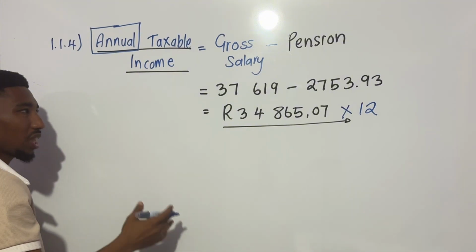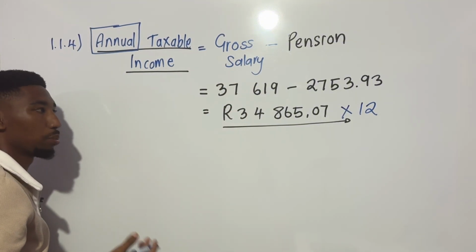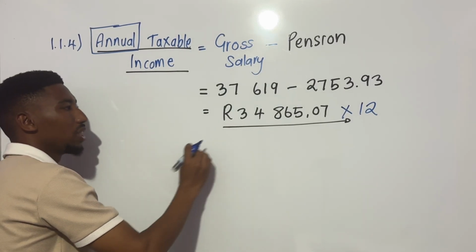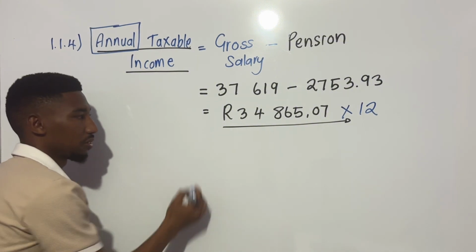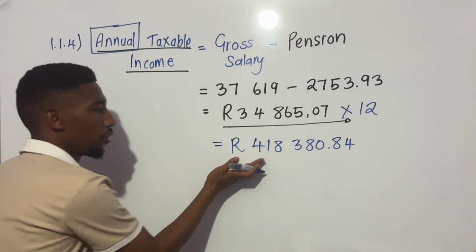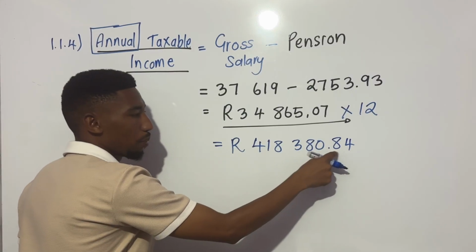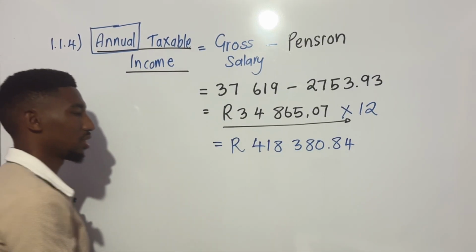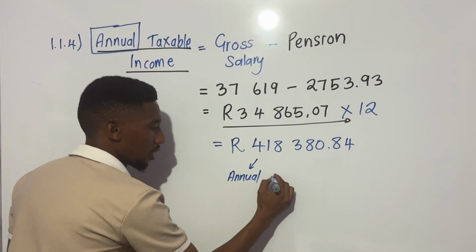Sometimes you will have these values in years and you don't have to multiply by 12. But since we are working in months, we need to take this monthly value and multiply it by 12. We get 418,380.84. This is our annual taxable income.